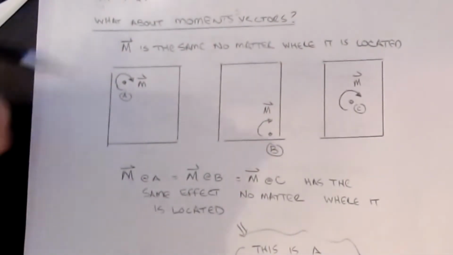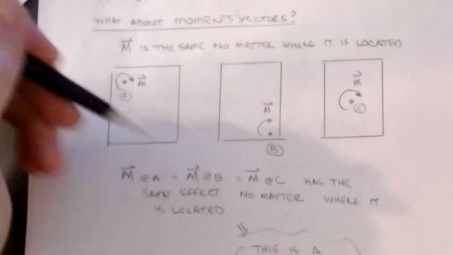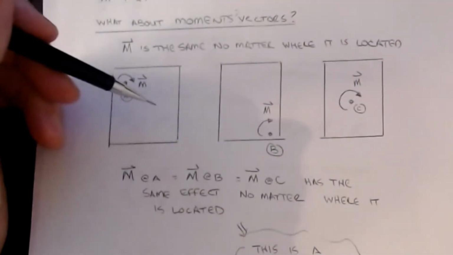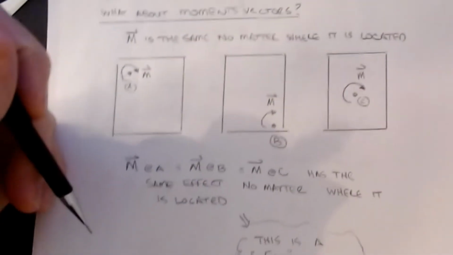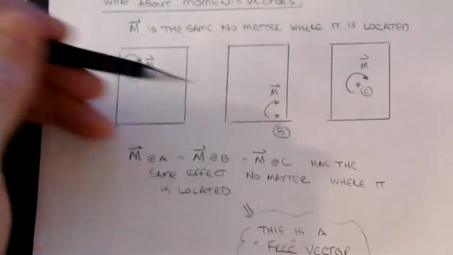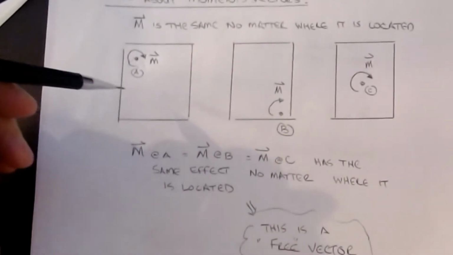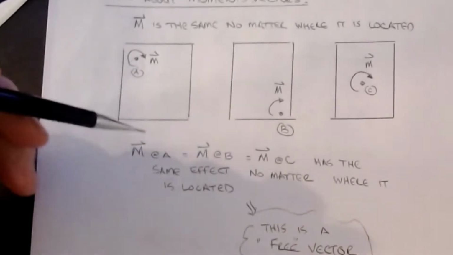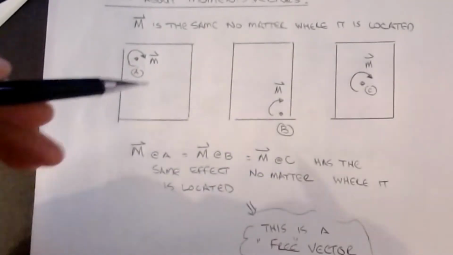So here I've got the moment acting at A, here's the moment at B, and here's the moment at C. Regardless of where I choose to set it up, the rotational behavior is exactly the same, okay? And so for that reason, this is what we know as a free vector, and that's what gives this moment equation so much power: regardless of the point that I choose, I will always get the same value of the net moment on the object.